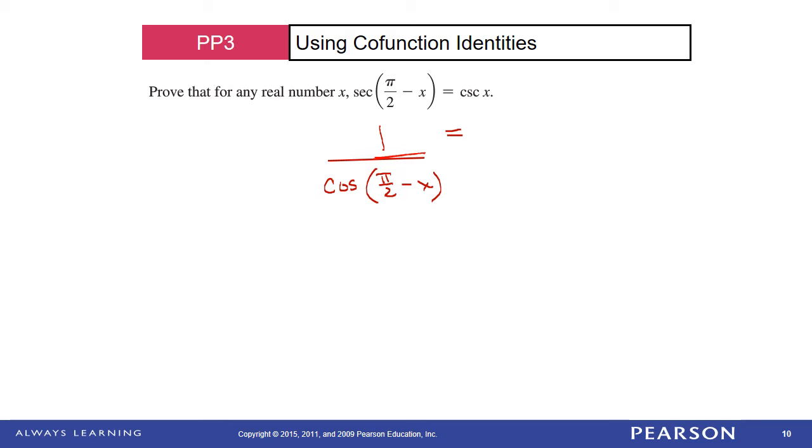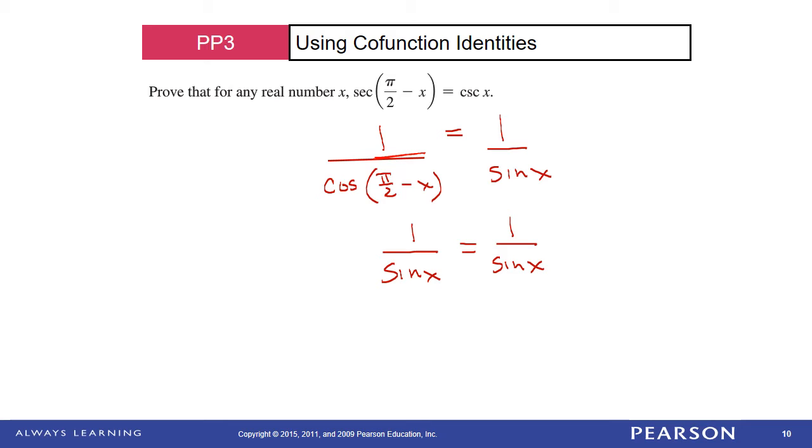Again, it's the reciprocal identity. On the other side, I can also simplify that side. Cosecant is really 1 over sine. And then you say, well, those are exactly the same by the cofunction identity. So cosine of pi over 2 minus x is really just going to be sine of x. And I have just proved it.